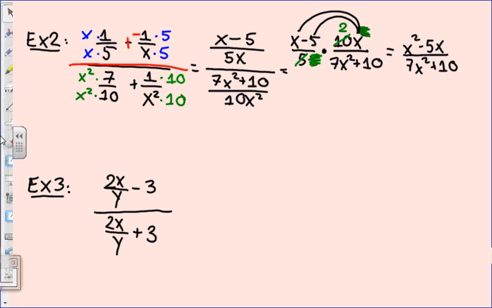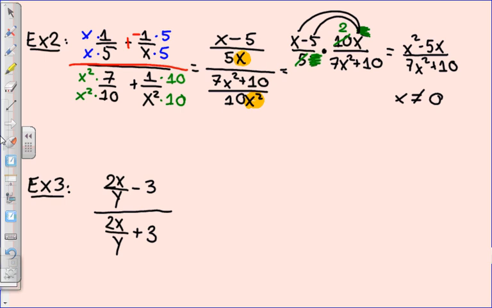And this goes with the restrictions. Just watching that right here, I see an x in the bottom and an x squared in the bottom, so x not equal 0. And then right here, I do see an x right here. This does have to leave that can equal, but I have not taught you that part yet. So I'm going to let you leave that blank.